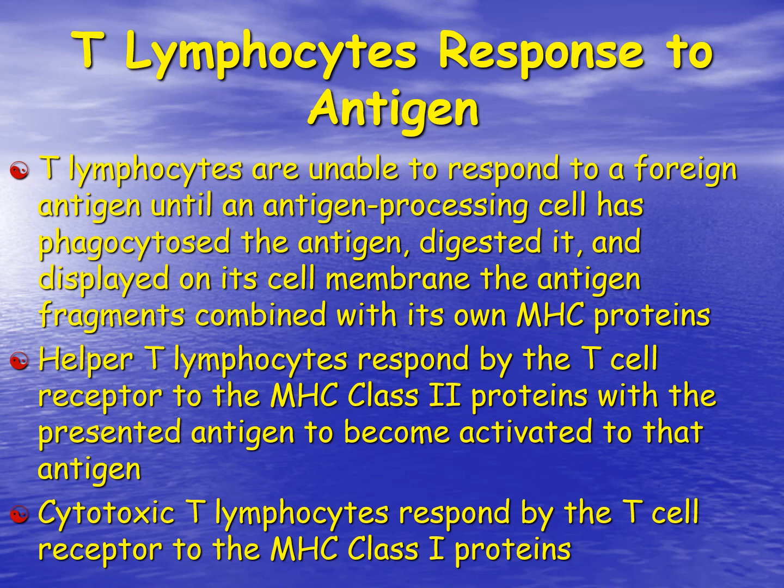Cytotoxic T lymphocytes will respond by the T cell receptor and the CD8 receptor to the MHC class I proteins presenting endogenous antigens, and they will then become activated to release a group of chemicals known as perforins and granzymes that will destroy whatever that antigen-bearing cell is.